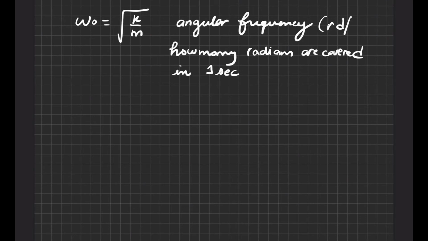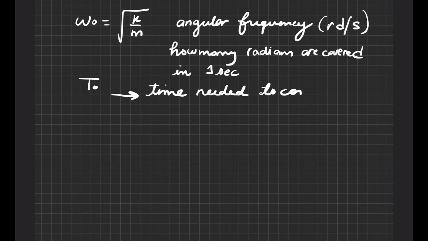So the unit would be radians per second. And we know that T0, the period, is the time needed to complete one full cycle or oscillation.